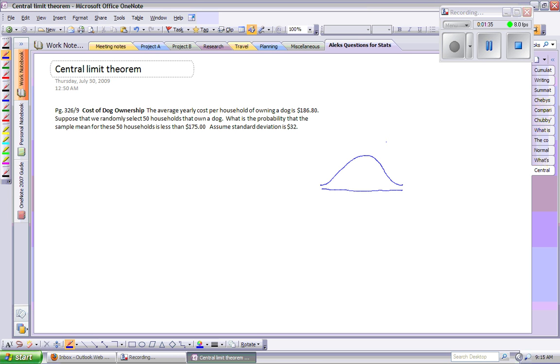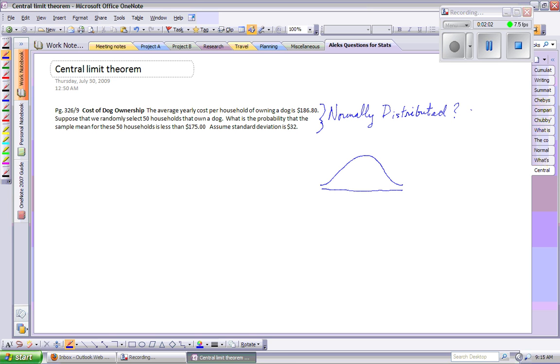And it's also true even if the population isn't normally distributed. You'll notice up here, it doesn't say anything about the population being normally distributed. When it doesn't say that, you have to make sure that they're doing enough trials.